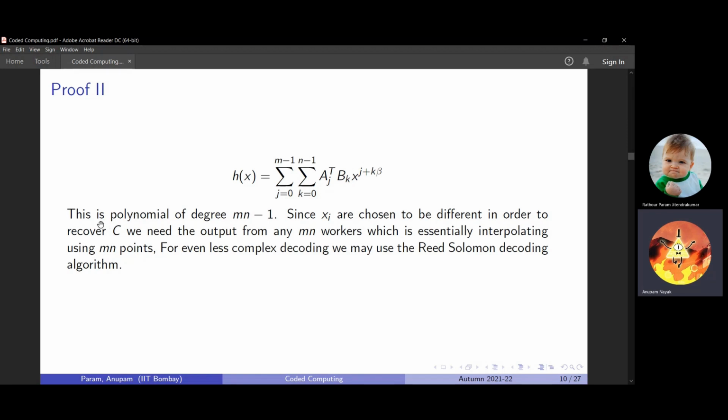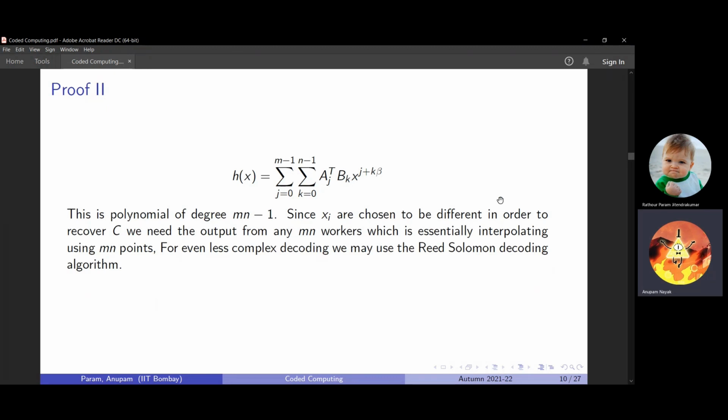So this is a polynomial of degree mn minus 1. Since beta is equal to m, the max exponent will be mn minus 1. You could check it. And since the x_i's are chosen to be different, in order to get back our C_i we just need output from mn workers.